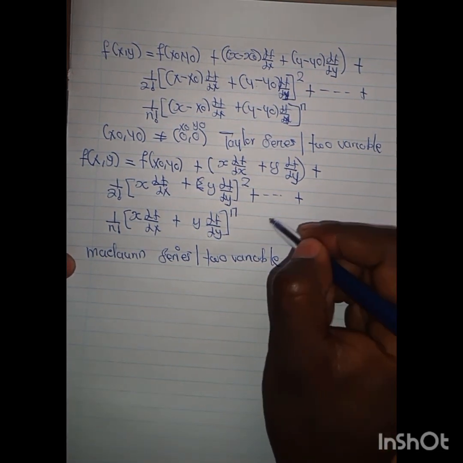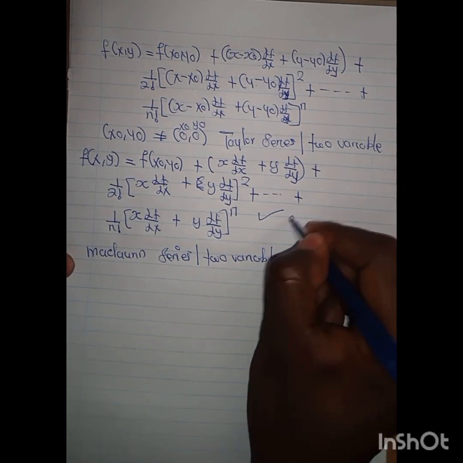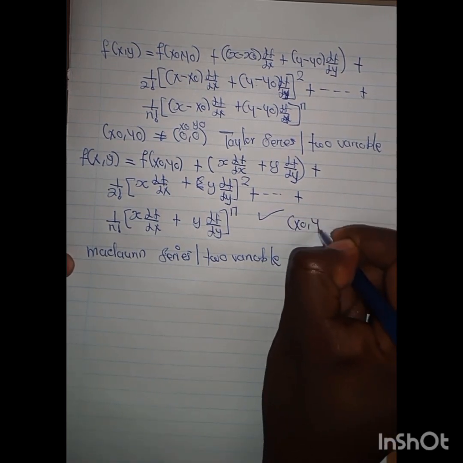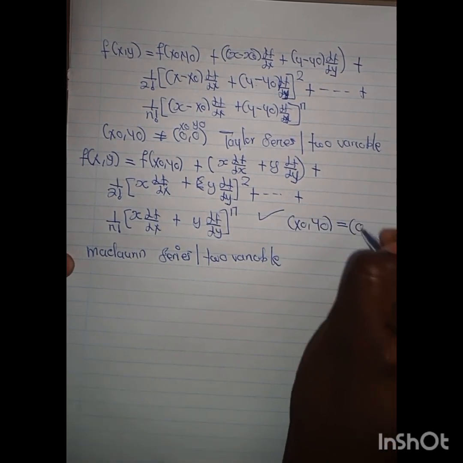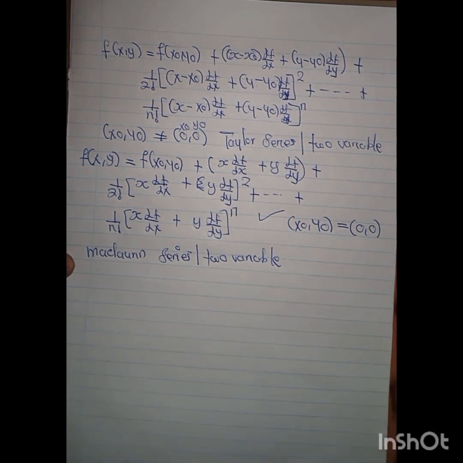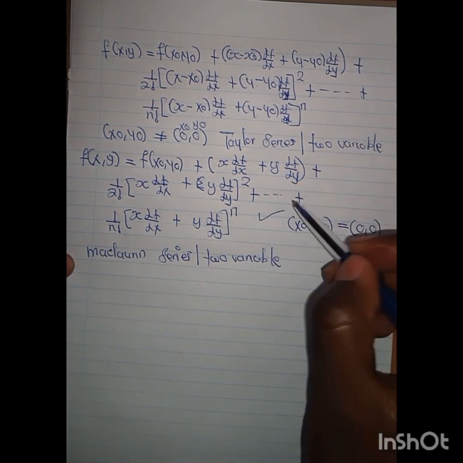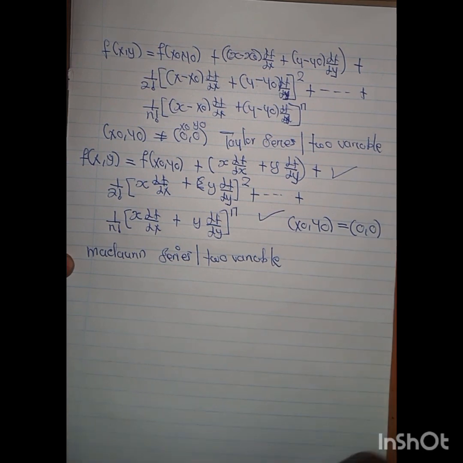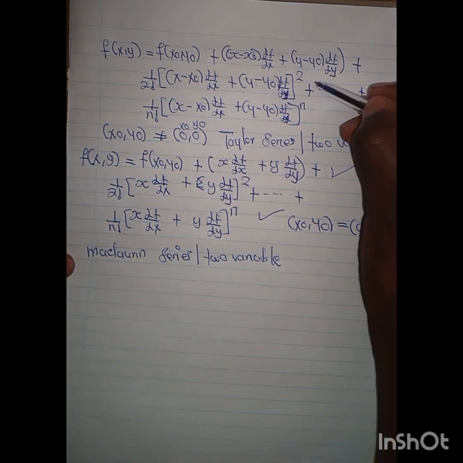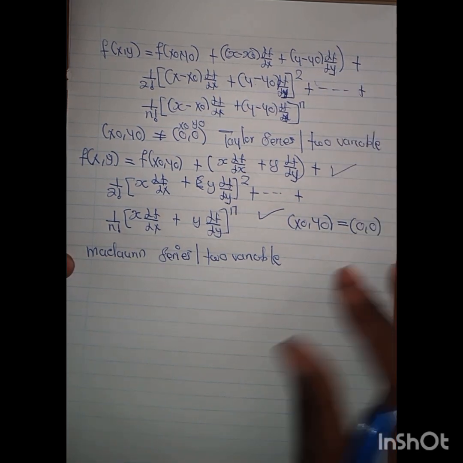If we're given the points x naught, y naught as 0 and 0, this is the formula that we are going to use. If the points x0 and y0 are given and they are not 0 and 0, you are going to use the following formula.